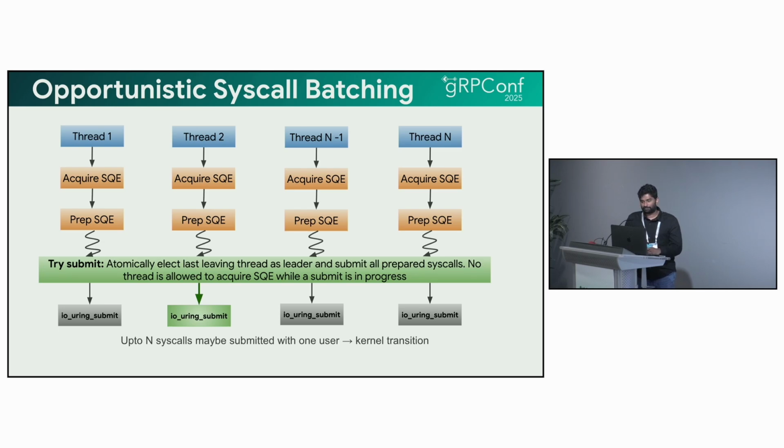So in our prototype, we try to leverage this feature with an implementation that relies on atomics to opportunistically batch syscalls. Multiple threads or endpoints may acquire an SQE and prepare it in parallel, and then when they all try to submit, we atomically elect one of them as the leader that can actually do the submit operation and submit all the prepared SQEs in one shot.